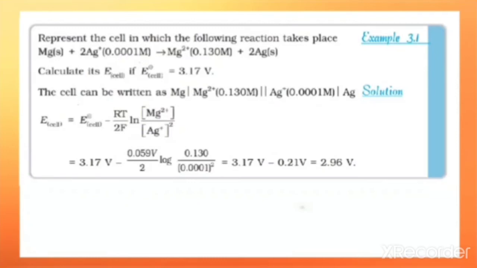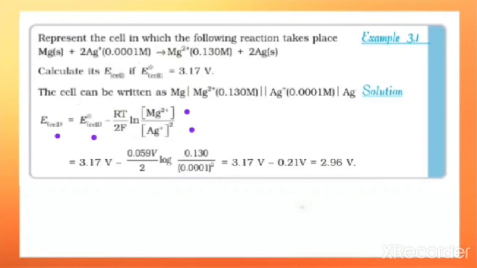Now how to write the Nernst equation? For that, it is better to use the general formula, that is E cell is equal to E naught cell minus RT/nF ln concentration of product by reactant.